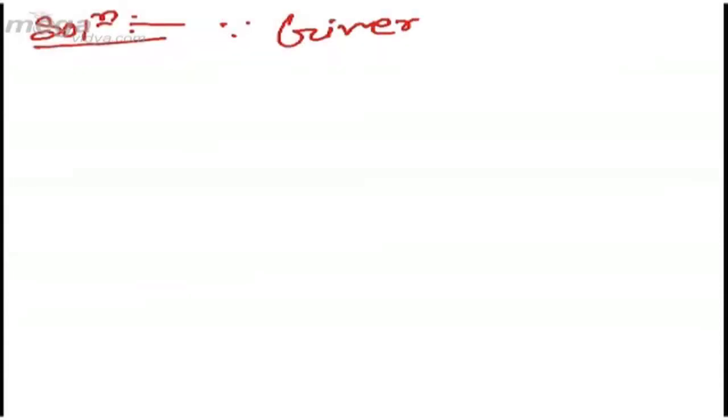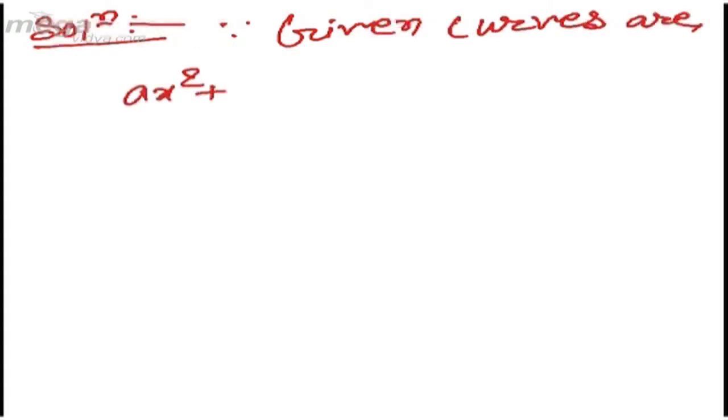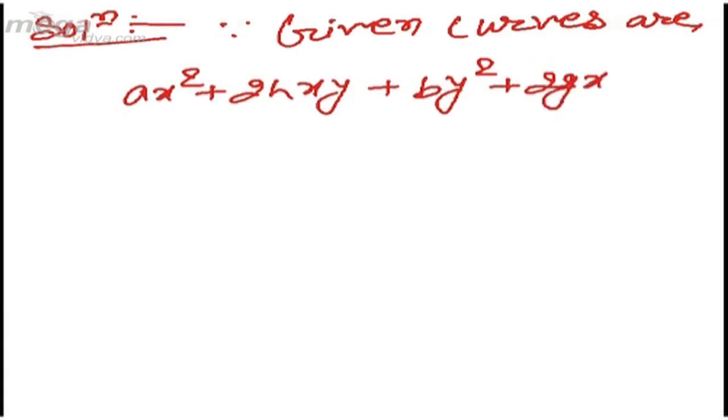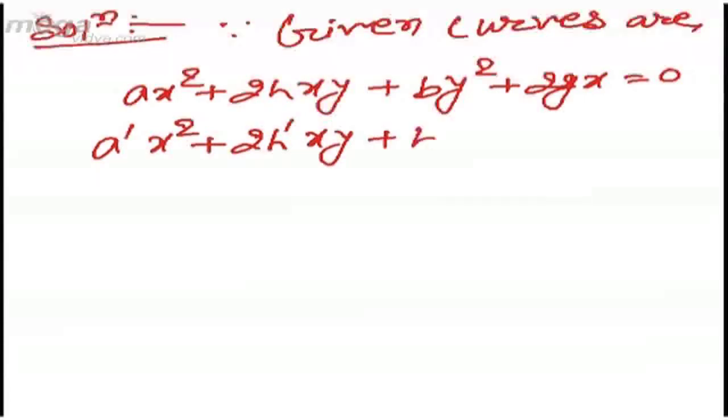So let us start the solution. Since the given curves are ax square plus 2hxy plus by square plus 2gx equal to 0, and the second curve is a dash x square plus 2h dash xy plus b dash y square plus 2g dash x equal to 0. These are two equations.